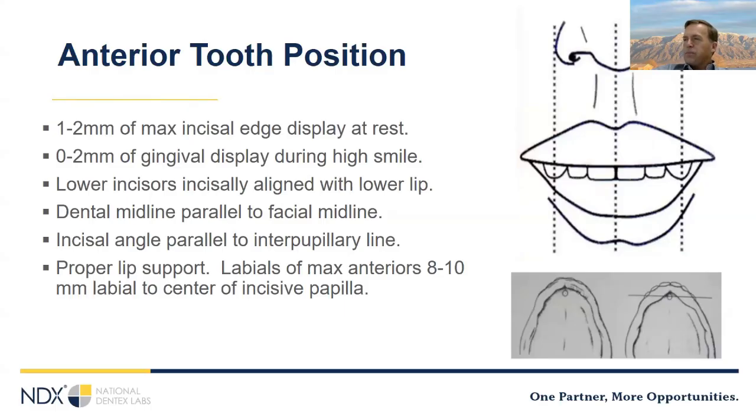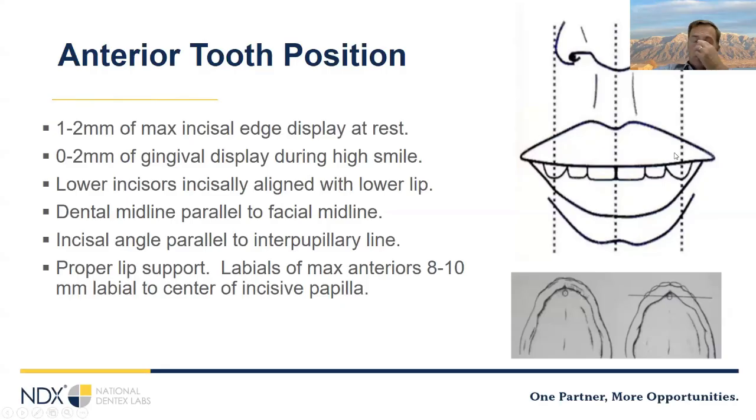So when you're trimming your bite block, be thinking about these things. Trim the incisal edge of the maxillary bite block to show how much tooth display, which is generally 1 to 2 millimeters. When you mark the high smile line, mark where you want the necks of the teeth, and then just say that on the prescription.